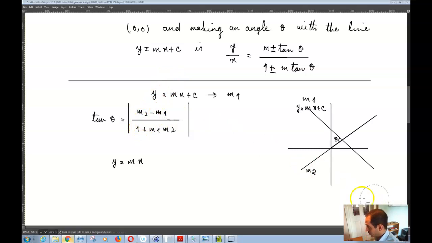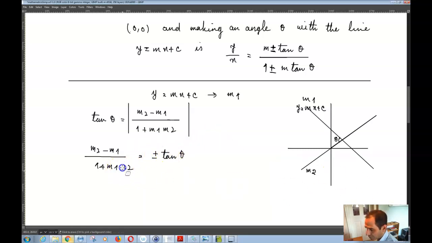But the only way that you could figure out this whole thing is that we could solve this equation, meaning that we could say that (m2 minus m1) over (1 plus m1 m2) is equal to plus or minus tan theta. That we could do.